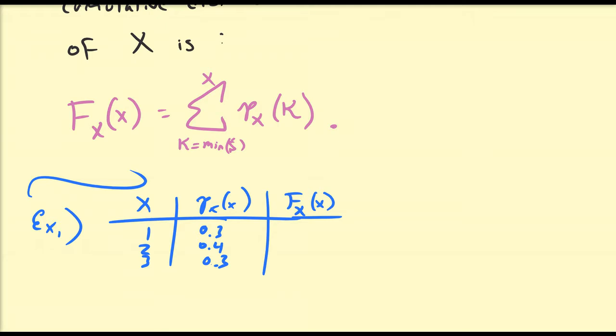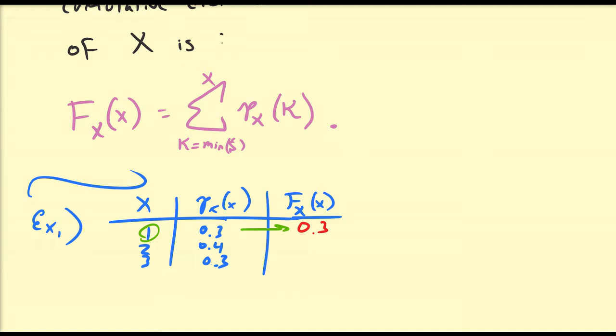So if x is equal to 1, then we're going to define the cumulative distribution function to be equal to whatever that probability value is, because the cumulative function starts off at the minimum value and adds up all the probabilities starting from that point up to whatever value we're interested in. In this case, we're interested in 1, so we only need to add up 1.